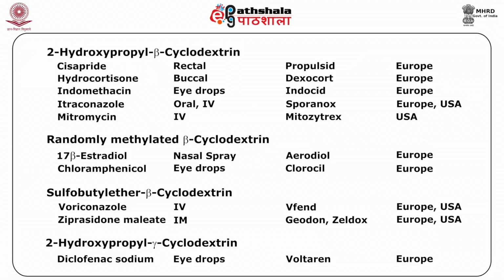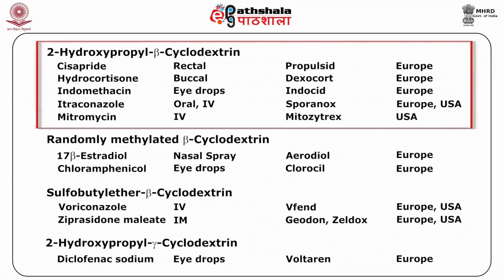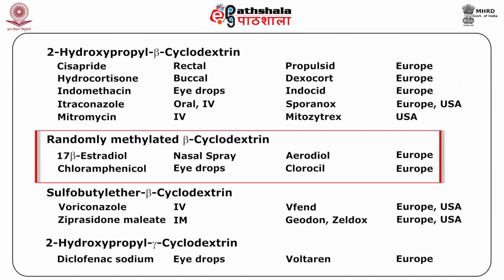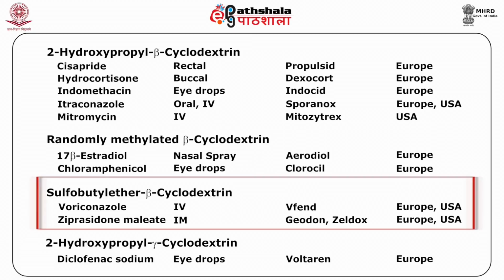Shown here in the table are the derivatives of beta cyclodextrin such as 2-hydroxypropyl beta cyclodextrin, which can encapsulate drugs like indomethacin, mitomycin, cisapride, etc. Then there is randomly methylated beta cyclodextrin, which can encapsulate chloramphenicol, and sulfobutyl ether beta cyclodextrin, which can encapsulate specific drugs depending on its cavity size.